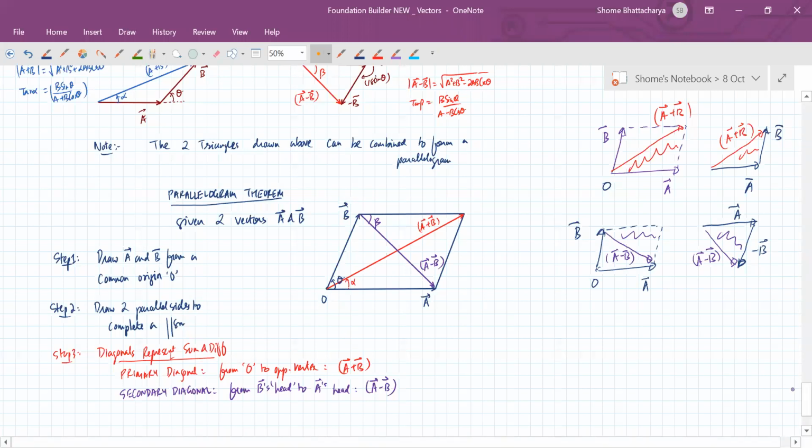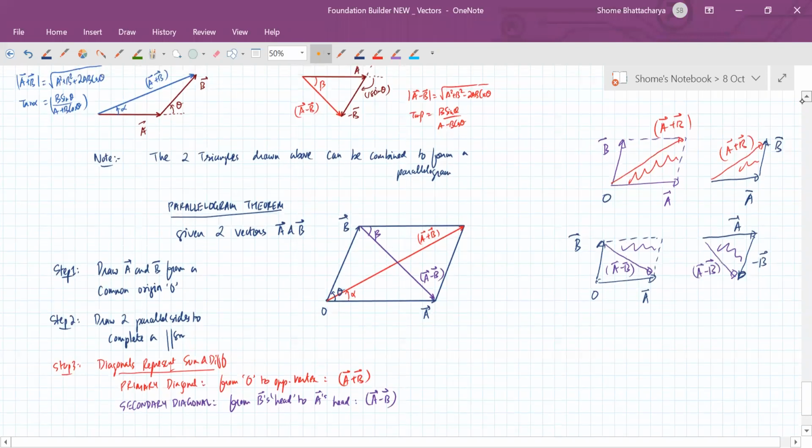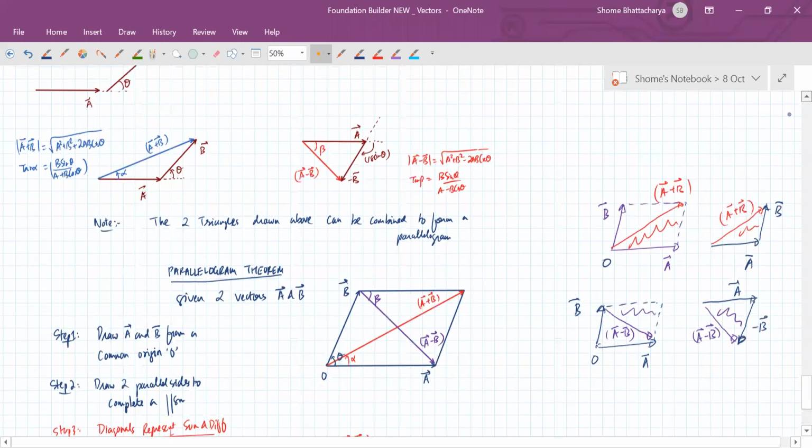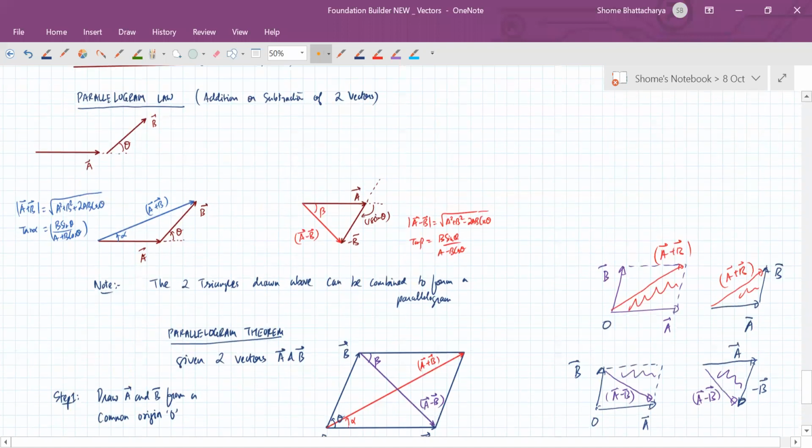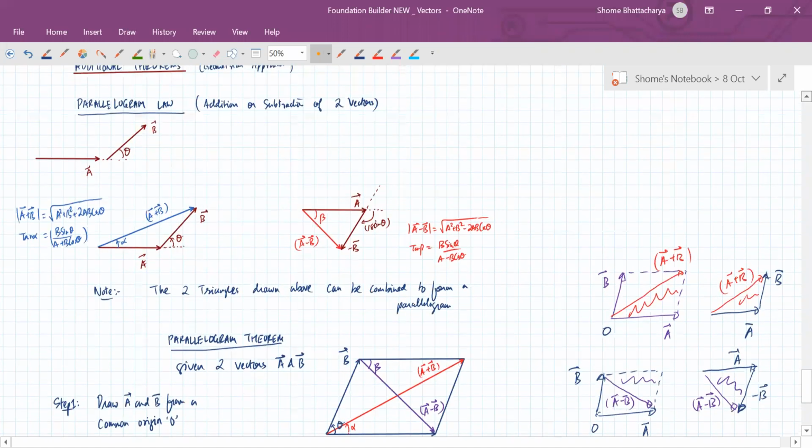Okay, so I'll just take you through the top from this and just write down these points. Because this is going to help us solve problems faster and also visualize problems more easily. So it's important to understand this parallelogram law properly.